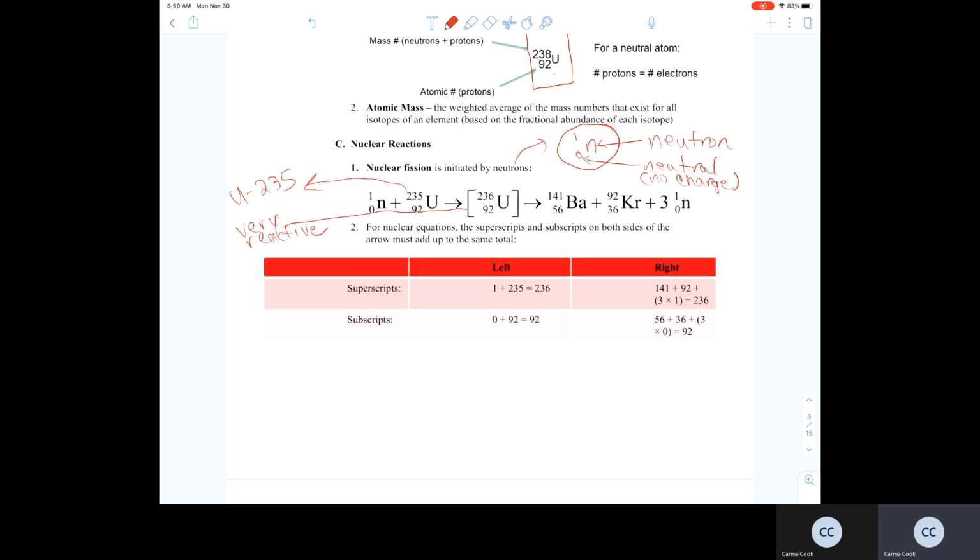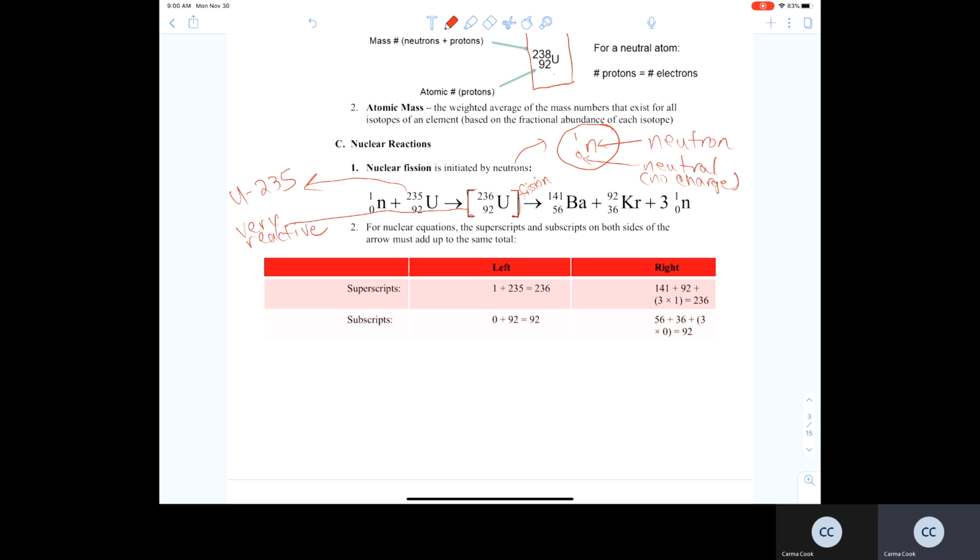That's why you have the brackets around this isotope, because this isotope is so reactive that it doesn't hang around very long. So because it's so reactive, it's going to immediately start to split. And that's where fission takes place.